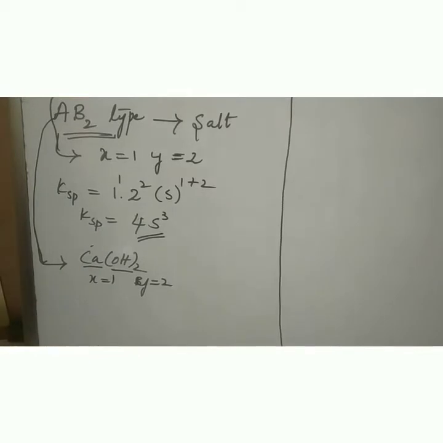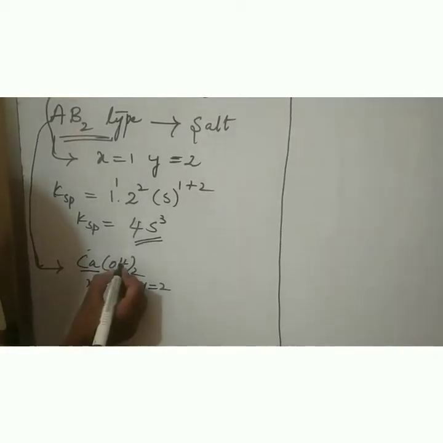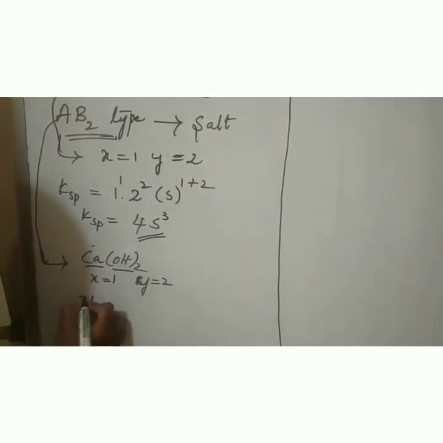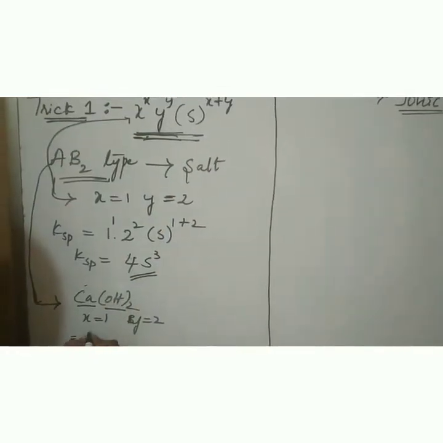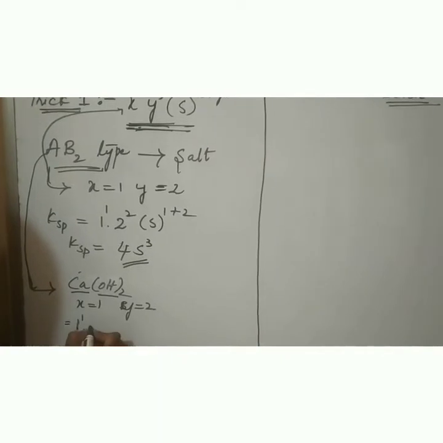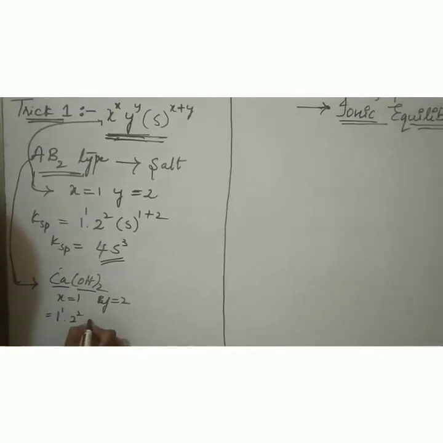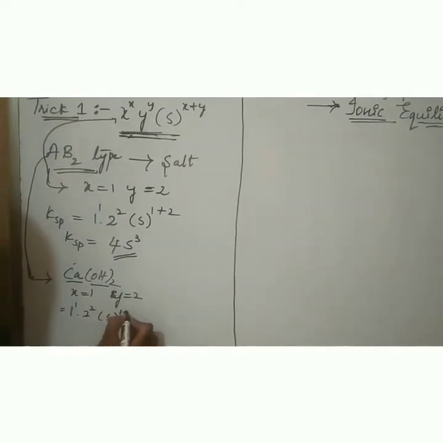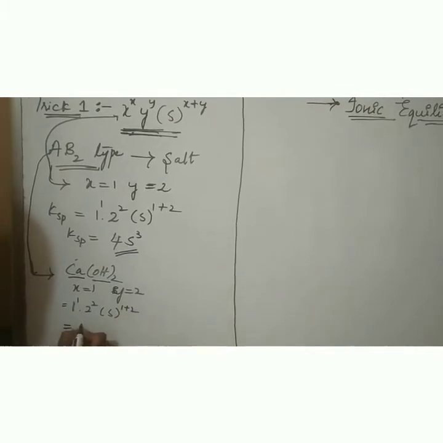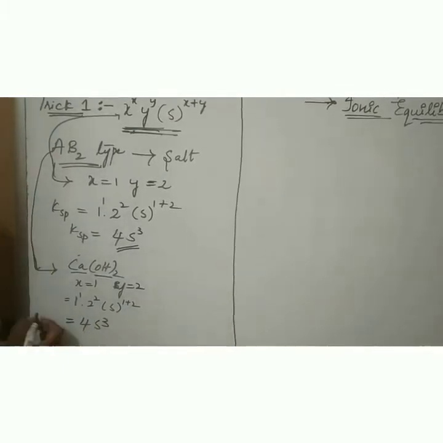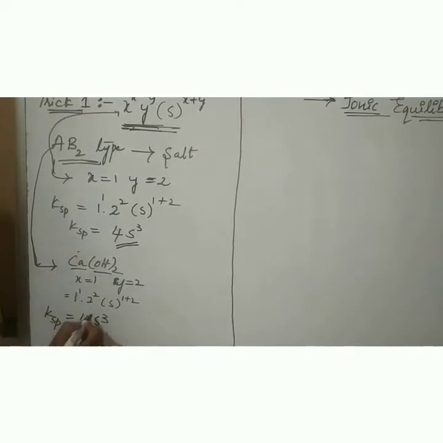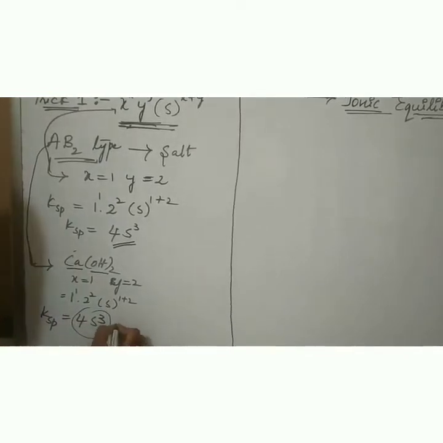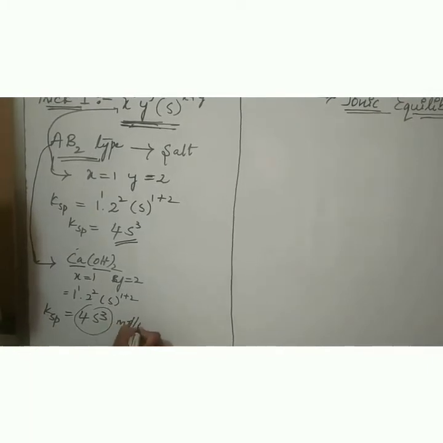Using this trick, 1 raised to 1 into 2 raised to 2, then s raised to 1 plus 2. That is 4s cube. The solubility product of calcium hydroxide is 4s cube moles per liter.